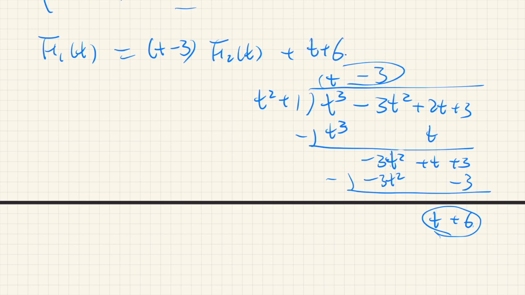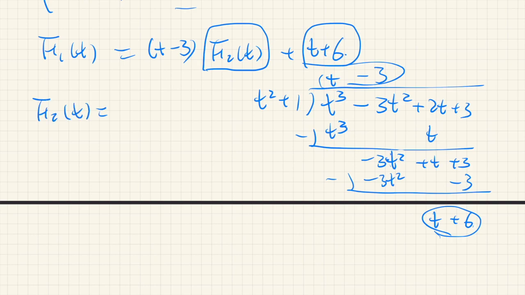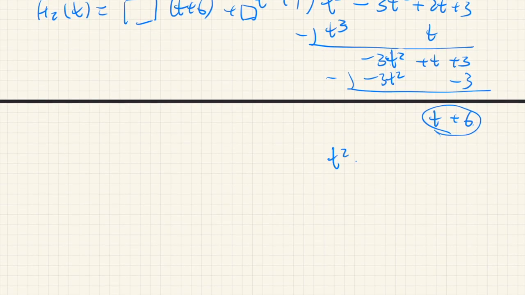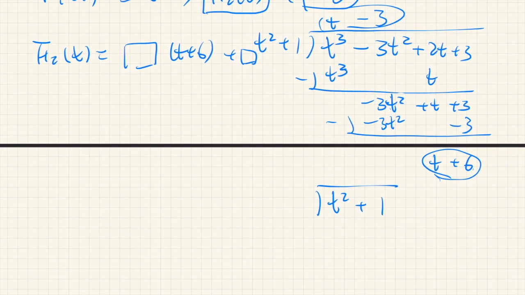And next, let's divide f2 by the remainder. So that will give us some quotient and t plus 6 and some remainder. Okay, so t squared plus 1 divided by t plus 6.